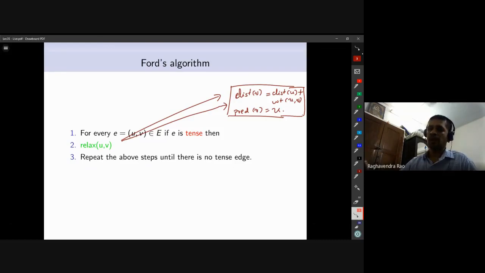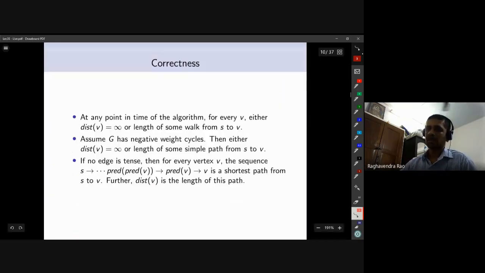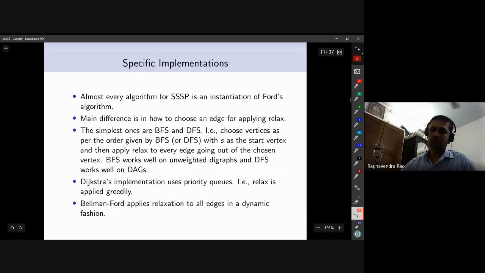But what would be the naive implementation? We don't really know first hand how many iterations are required, so the implementation details are not clear. What subsequent researchers did were essentially implementations of this generic algorithm.